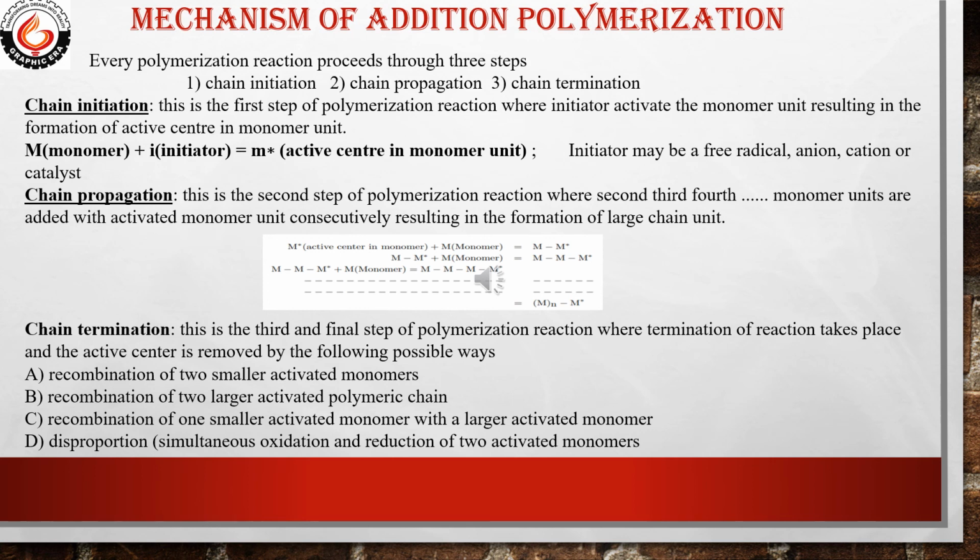After initiating the monomer, new monomers again and again attach simultaneously to the activated monomer, and the active center is transferred from one monomer to another monomer, and in this way the chain growth takes place. This process is known as chain propagation.